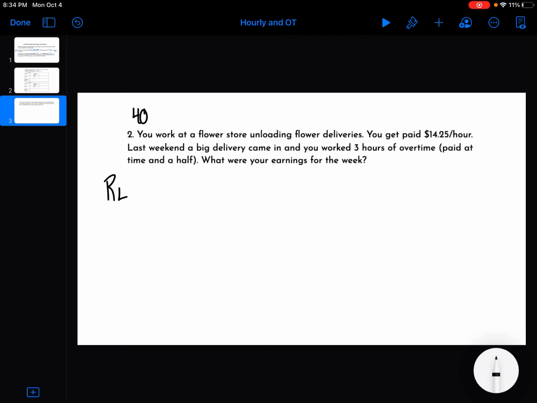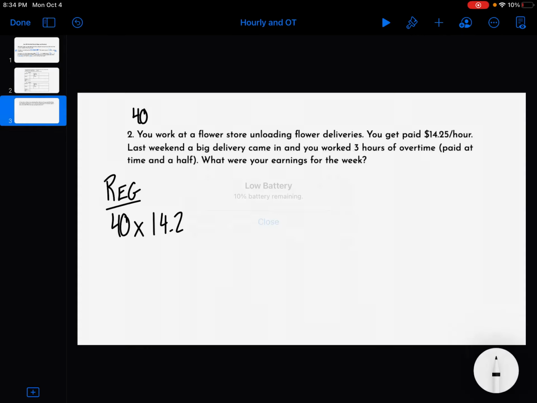So our regular pay would be our 40 hours times our rate, which is $14.25, and my pencil's dying, which is going to give us our regular pay. So we've got 40 times $14.25, which is going to be 570, which is actually the same as what we had before.